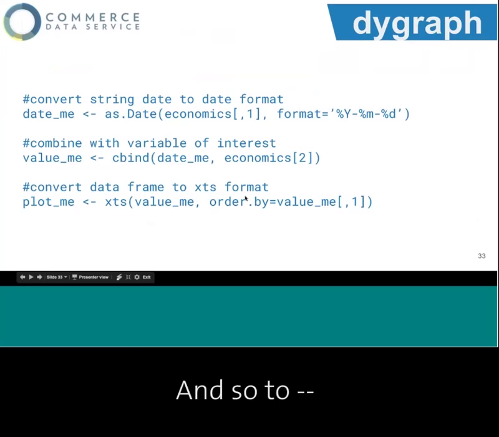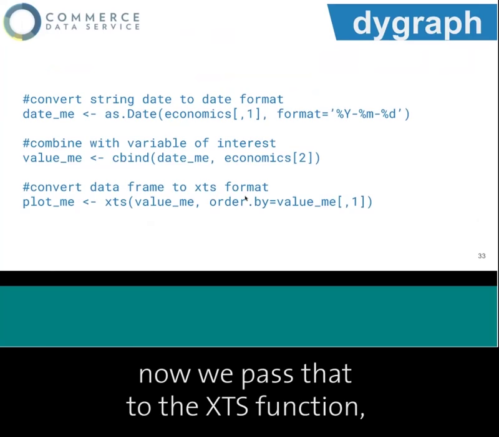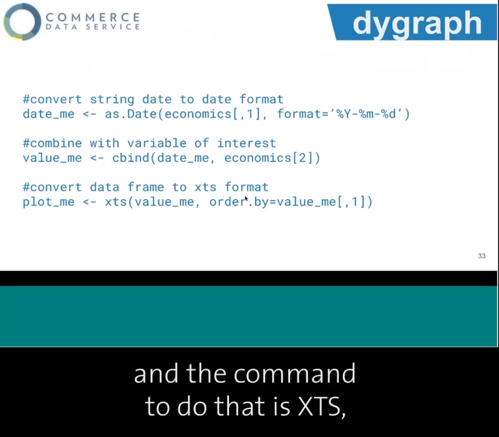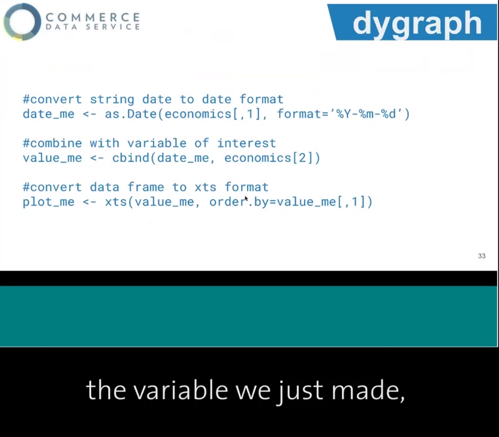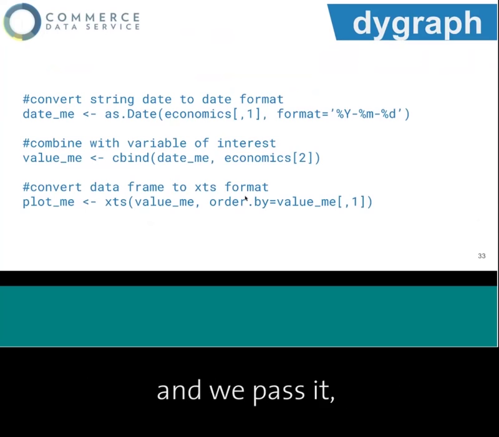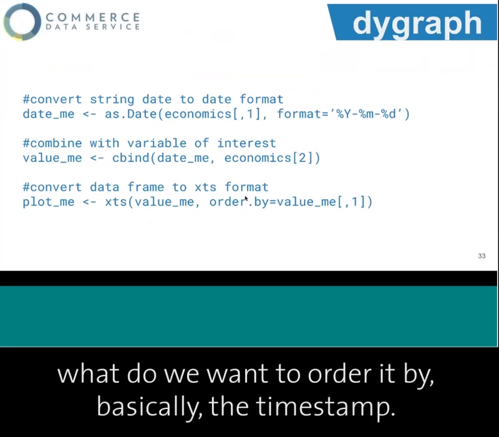And so to convert, we pass that to the XTS function, and the command to do that is XTS, the variable we just made, and we pass it what we want ordered by, basically the timestamp.